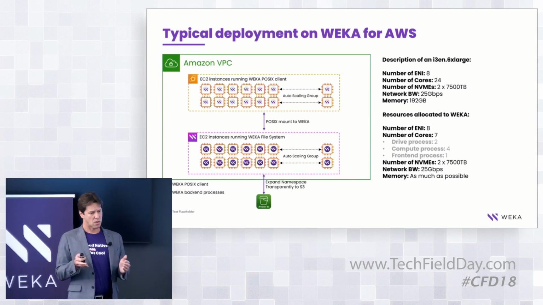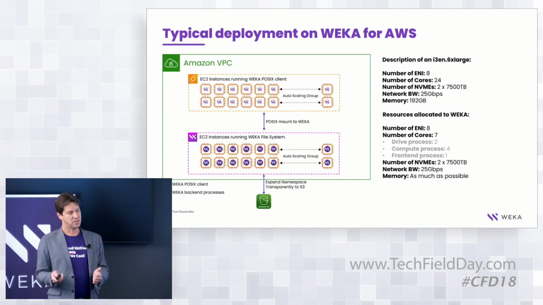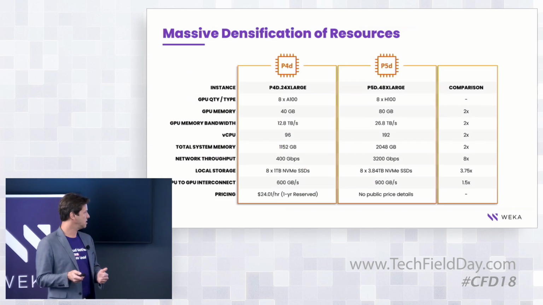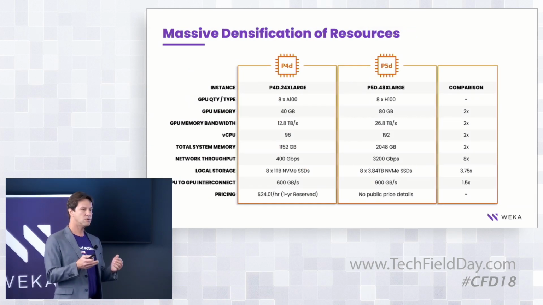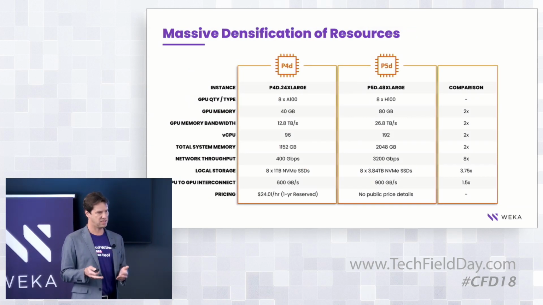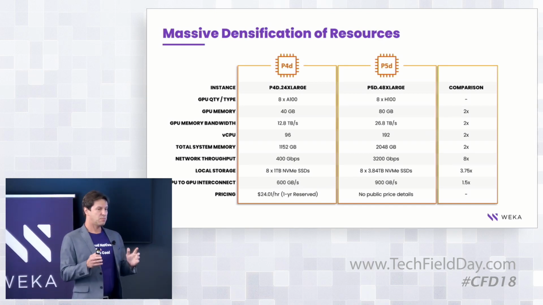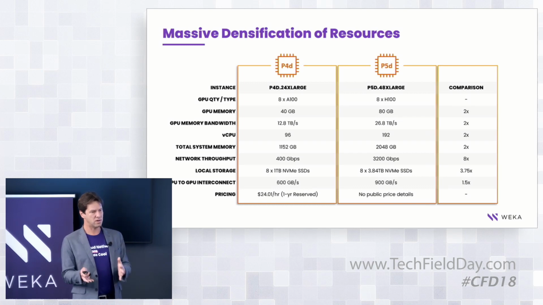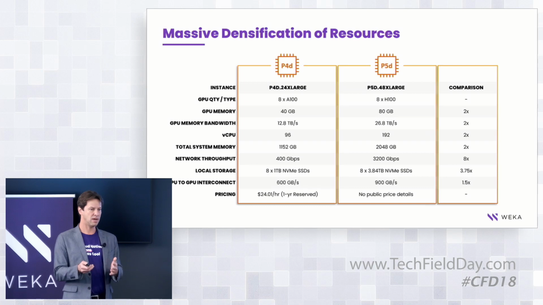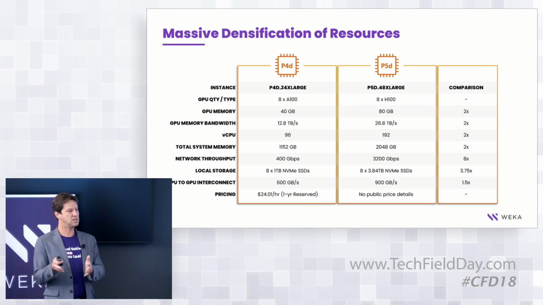Now, why can we now do Converge? Let's dive into how the P4D or P5D instances look. They are much more powerful. They have a lot of resources. There is a massive densification of resources in instances. The P4D instance, if you are not aware of it, is an instance with NVIDIA GPUs.